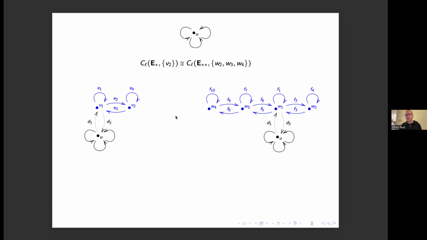Oh, no, not necessarily. So W1, you're saying in this isomorphism, is V1 the same as W1? If not, the reason I'm asking is that if it isn't, then why would D1 go to D1 and D2 to D2?